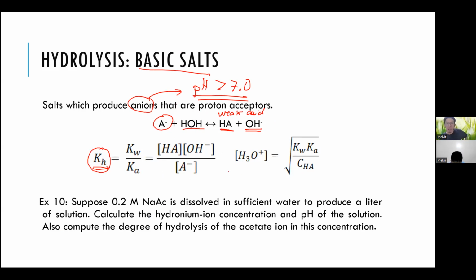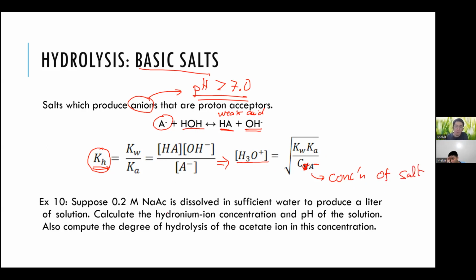H3O plus is equal to the square root of KW times Ka all over concentration ng HA. Mali nga ito, dapat concentration ito ni A minus, nung salt, kasi salt ang nabubuo mo. So this is the concentration of your salt.